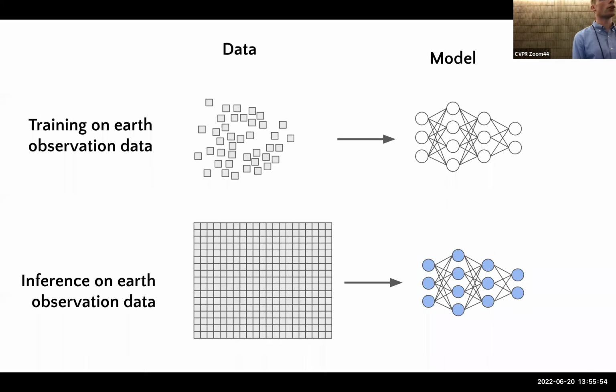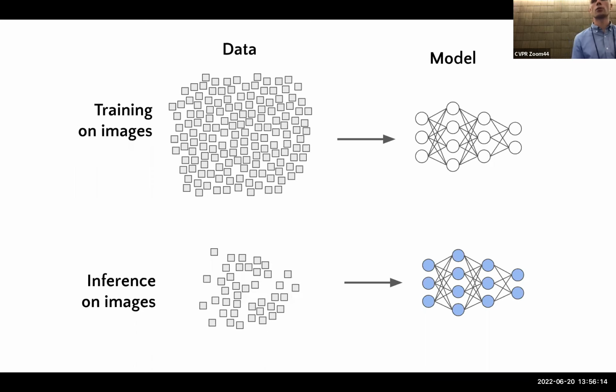With remote sensing and with Earth observation data, this is not the case. You're training on what's likely independent Earth observation data points from around the world or around a particular region, but then you're doing inference on dense pixels on a dense region. And so the points are not exactly independent. And so using the same paradigm as computer vision is not going to get you all the way to your goal.